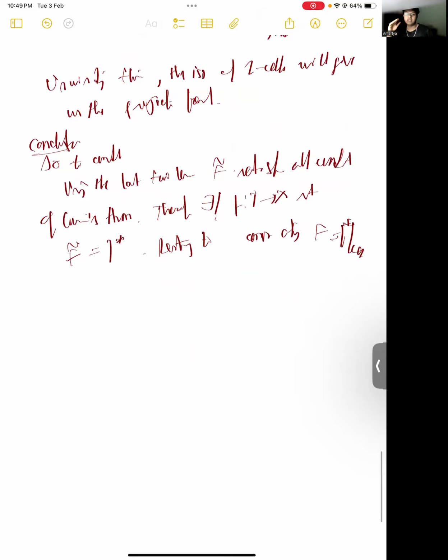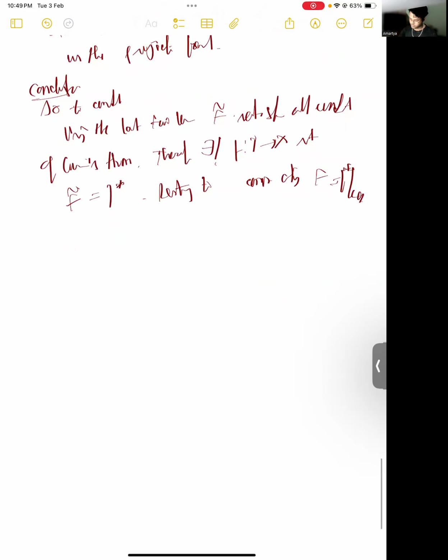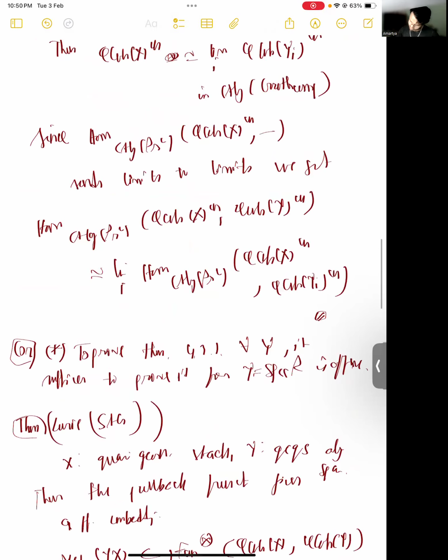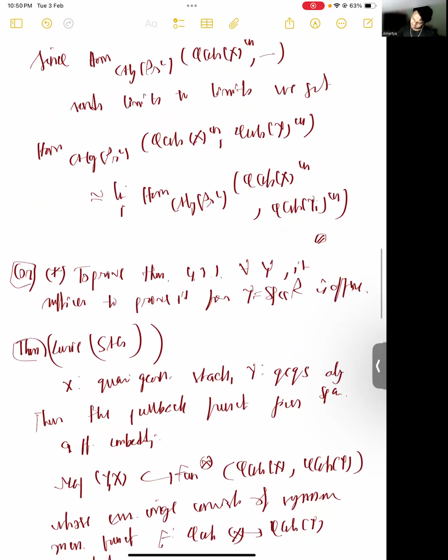So this shows that the functor in theorem 4.2.1 is essentially surjective for y affine. And then fully faithfulness follows from Lurie's theorem. Now, remember we had this corollary star, which says that to prove this it suffices to check it for y affine.